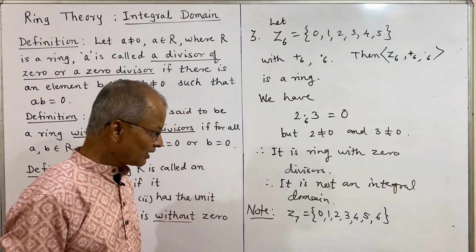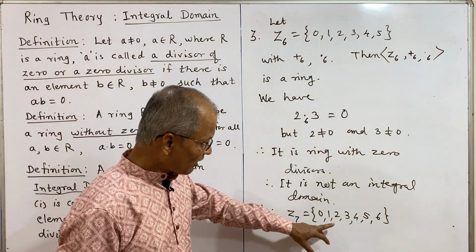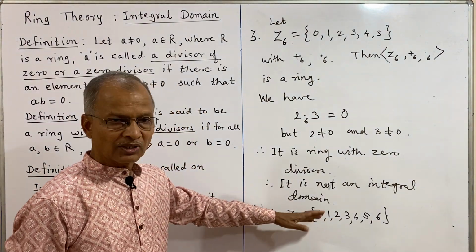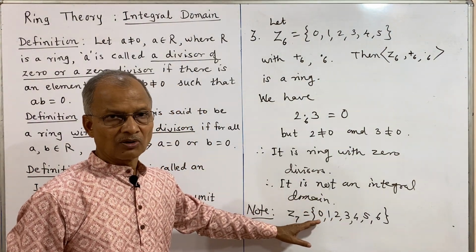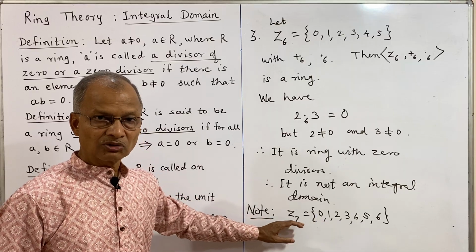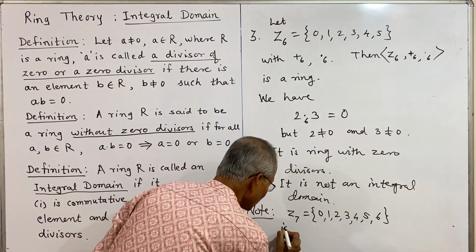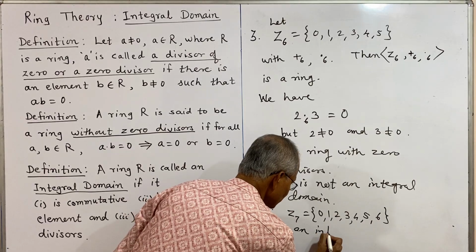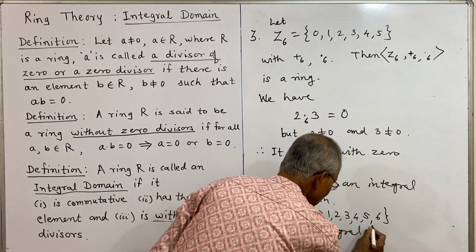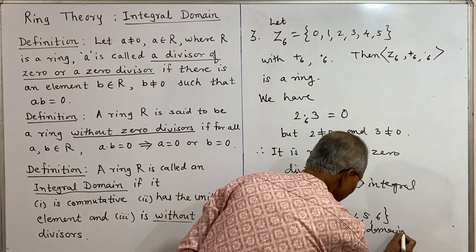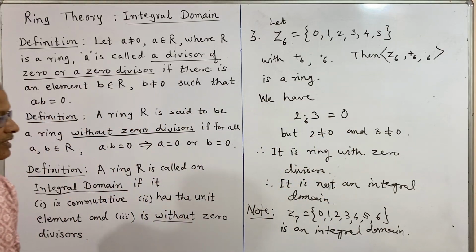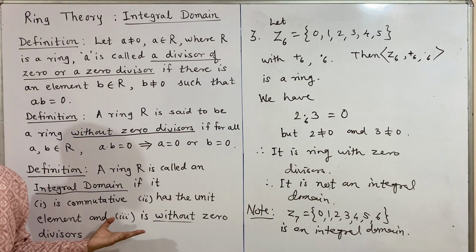That means if the product of any two integers is 0, then one of them is necessarily 0, and therefore it is without 0 divisors, an integral domain. This is an example of a finite integral domain. So these are some examples of integral domains.